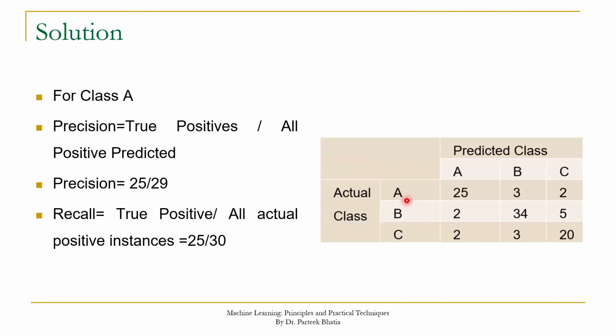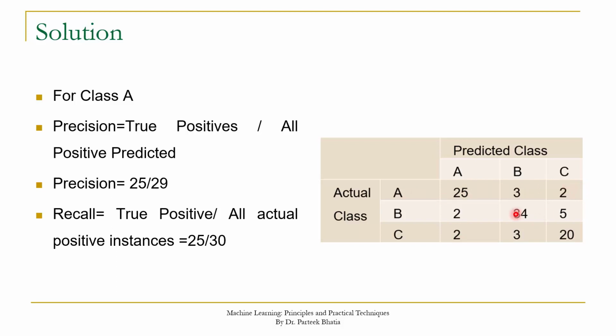So here we have actual class A in 30 instances, and out of these 30 instances the system is able to predict it accurately 25 times. So the recall will be 25 divided by 30, which is true positive divided by all actual positive instances. So for class A, the precision will be 25 divided by 29 and recall will be 25 divided by 30.